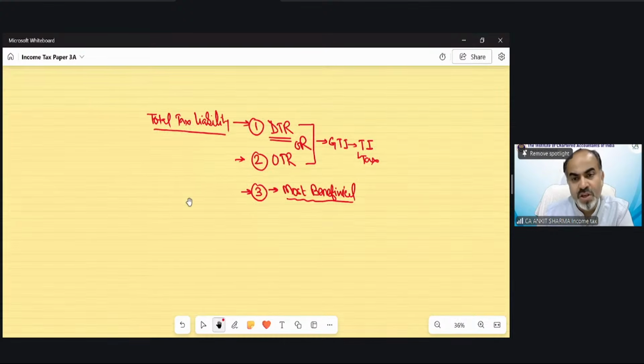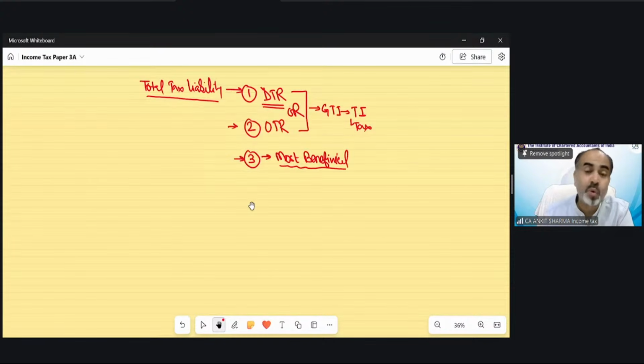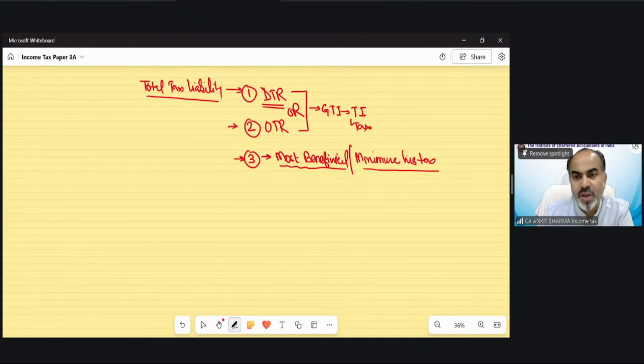Now, when the question asks you to calculate tax which is most beneficial to the assessee or to minimize his tax liability, in that situation, we have to calculate tax under both concepts. Then the calculation would be more detailed.